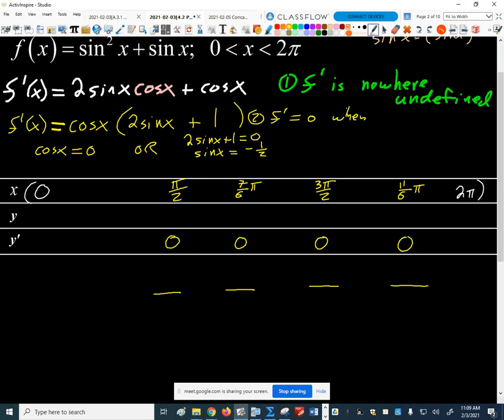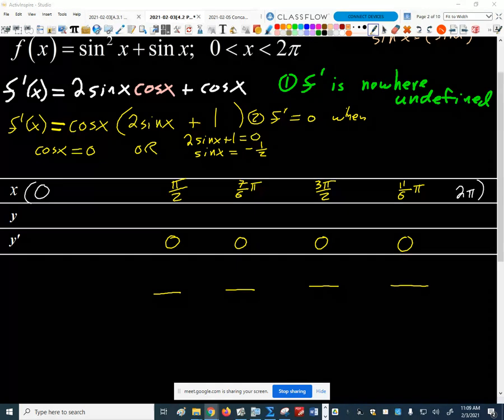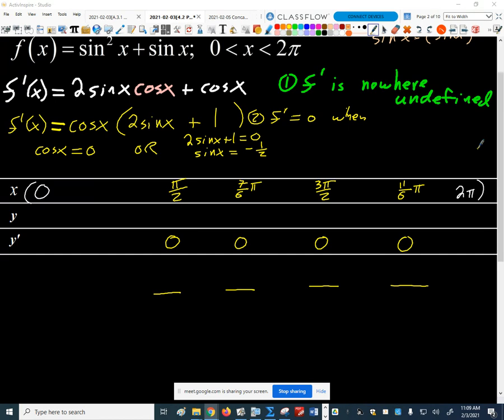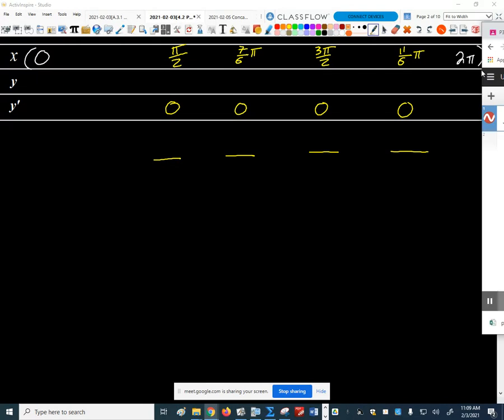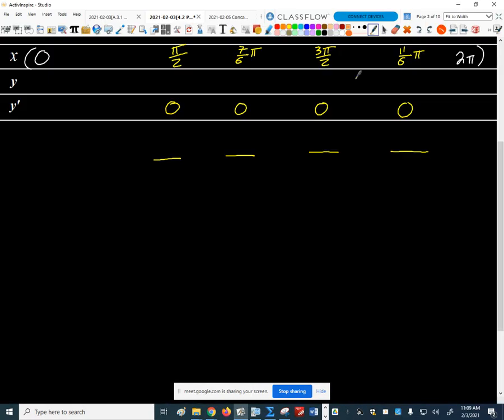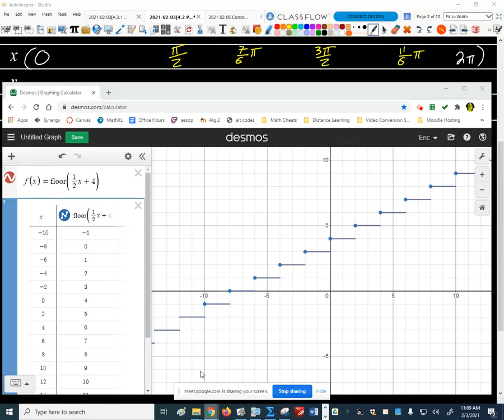So there's the original function. Let me type this in real quick. Oh, where'd it go? Did I delete it?